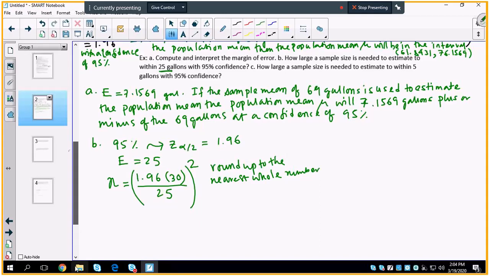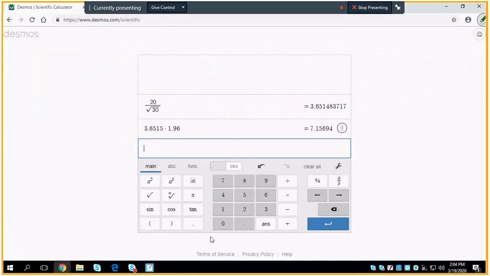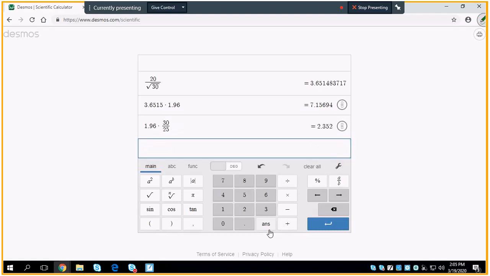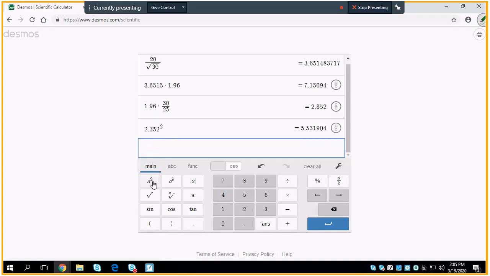So we do 1.96 times 30 divided by 25. So I get 2.352, and then I am going to square it. So I will get 5.5319.